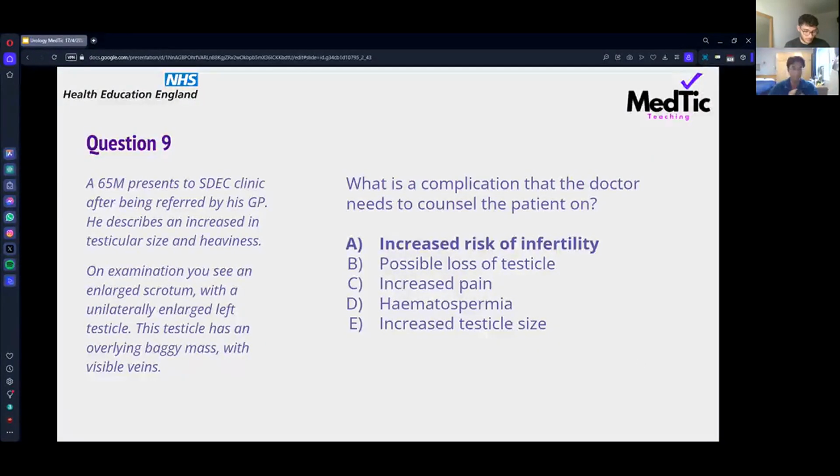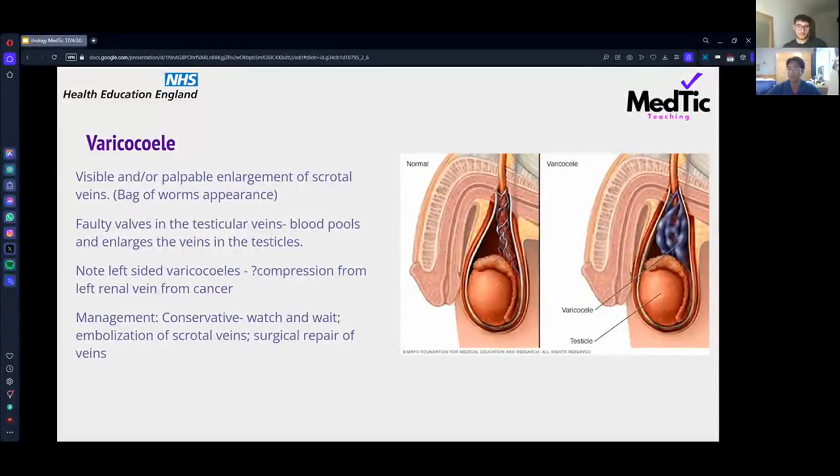Alrighty, so with this question, this patient has a varicocele, which is defined as a visible or palpable enlargement of the scrotal veins. In your exams or in urology, you might have it described as a bag of worms appearance.